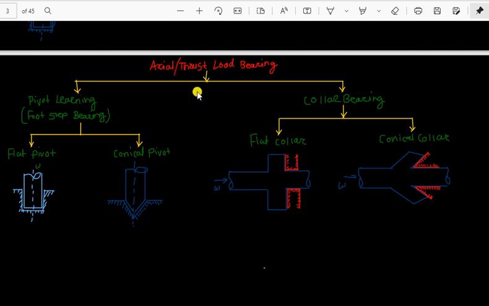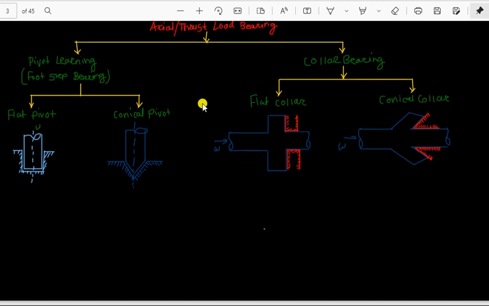The axial thrust load bearing is classified again into pivot and collar bearing. Pivot bearing is also called a footstep. Here there is a complete surface contact, as you can see at the foot of the shaft, like a pivot, and that's why the friction, or the contact surface, will be higher.